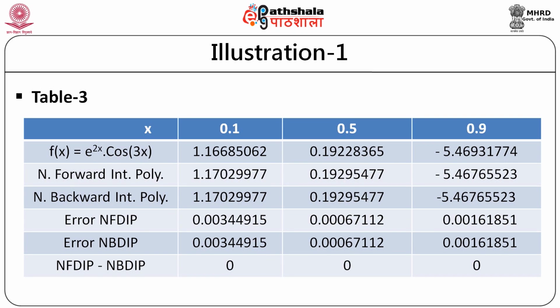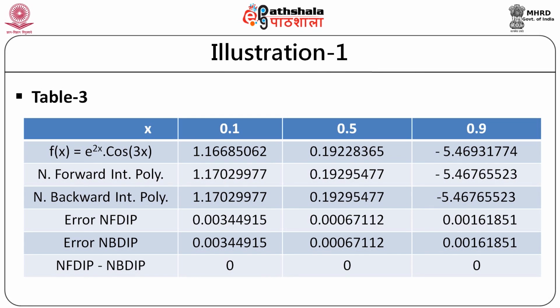In our illustration 1 we have already computed the actual values of f(x) at 0.1, 0.5, 0.9, and then the values by Newton's forward and backward difference interpolating polynomials at these points. These values are already computed in the previous slides, which are listed down here.